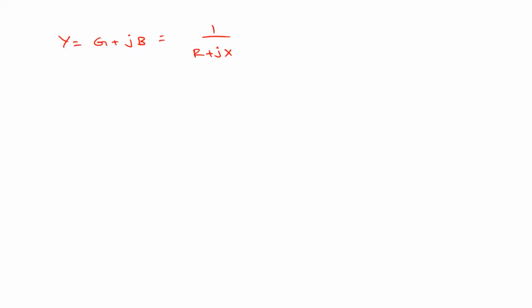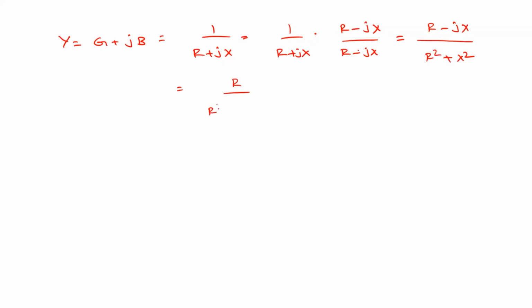We write this as 1 by R plus jX, multiplied by R minus jX divided by R minus jX. Separating the real and reactive terms, we get R by R square plus X square, minus j into X by R square plus X square, which equals the G plus jB form.